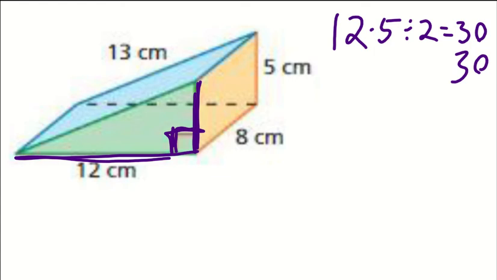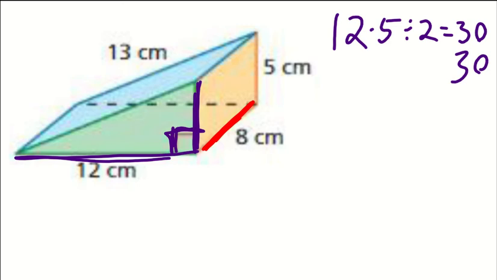Now we need the rectangles. To me, the easiest way to do the rectangles is to take the number that connects the 2 triangles. Okay? So what I mean by that is right there goes from triangle to triangle, right? That red line is not a part of the triangles. Everybody clear on that?